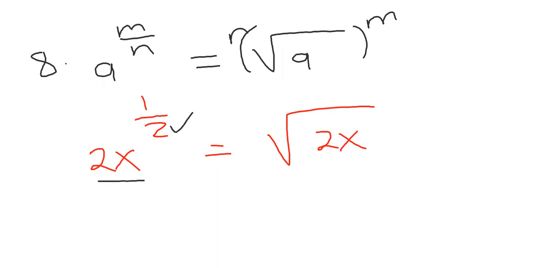So we take the denominator and make it the root. Then everything raised to the power of the numerator. The numerator is 1. So you're going to raise everything to the power 1. Now, mathematically, we don't write the 2, because that is the square root. For a square root, we don't write the 2. So we just leave it like that.